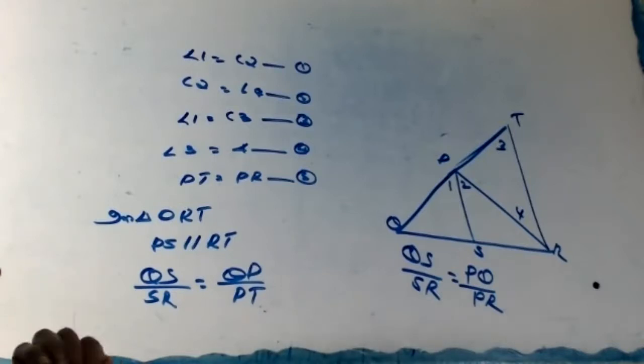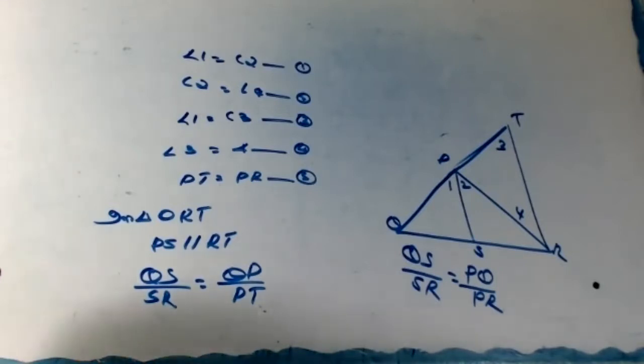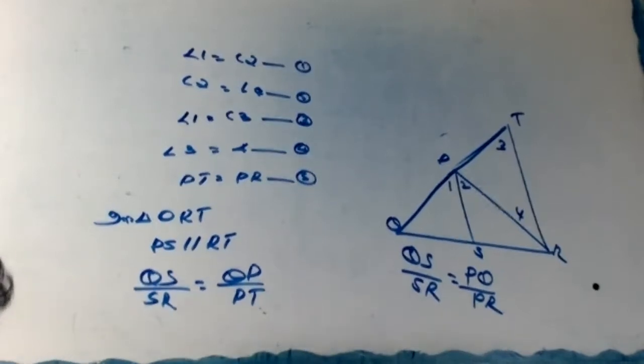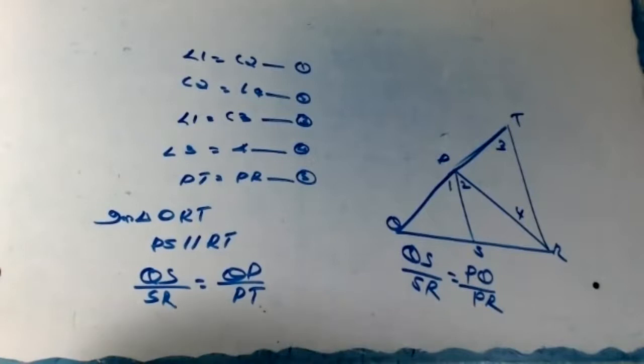Through R, draw a line parallel to SP, which intersects at T when QP is extended. Okay, what is the construction?